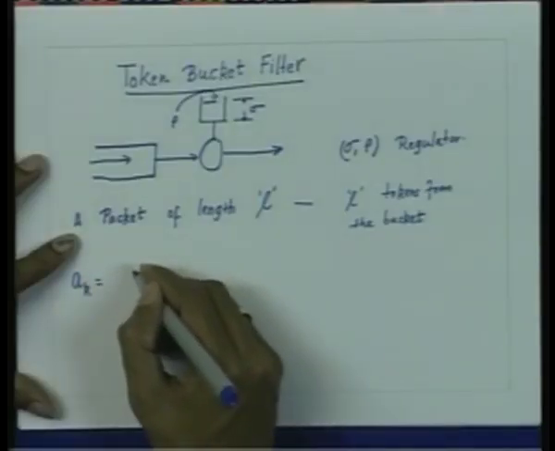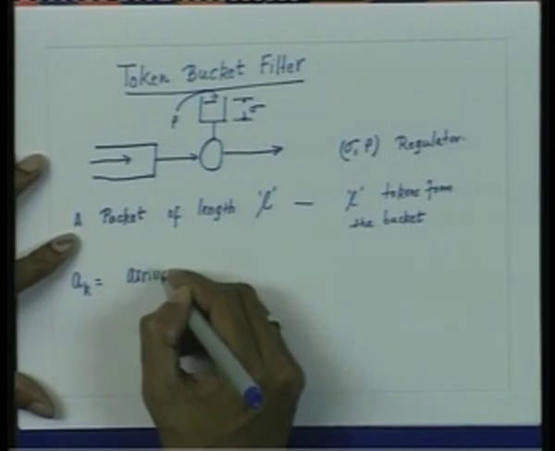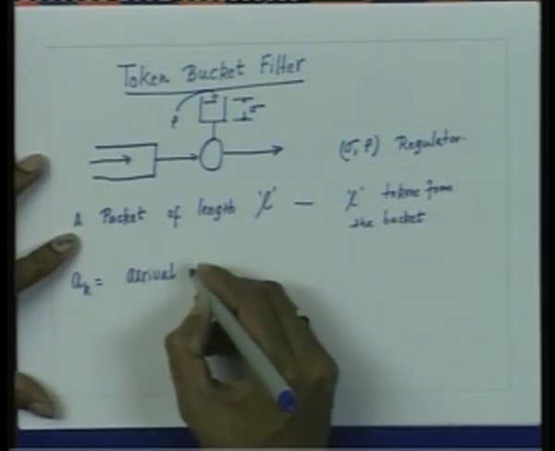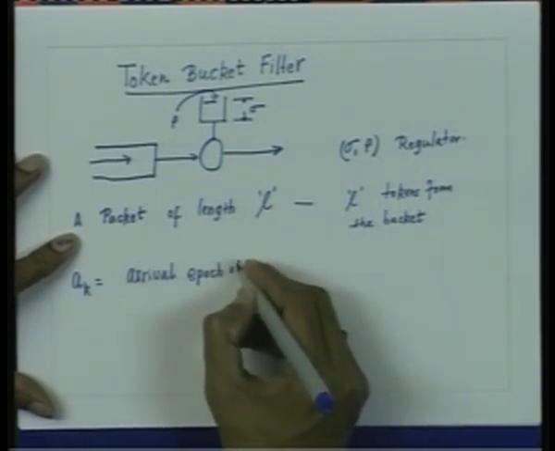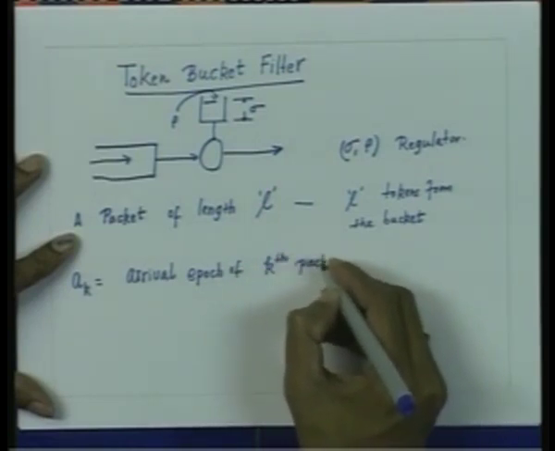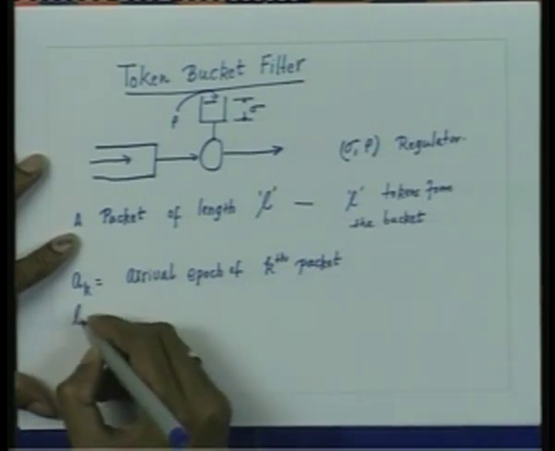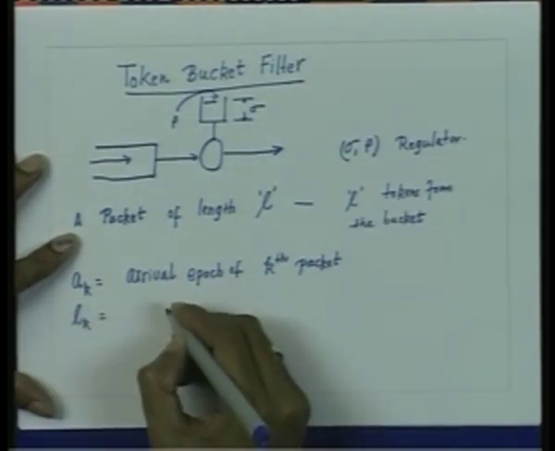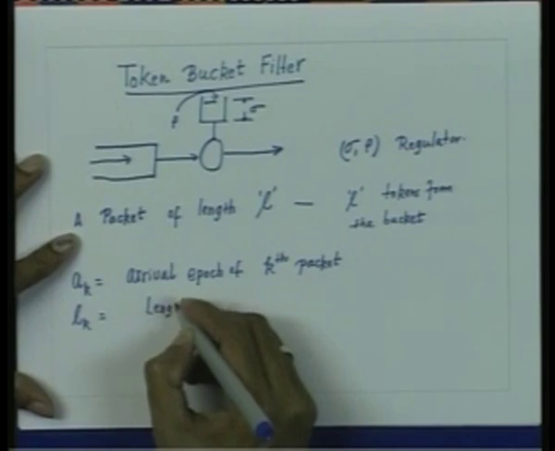More formally, let us say that Ak is the arrival epoch of the kth packet, and let Lk be the packet length of the kth packet.